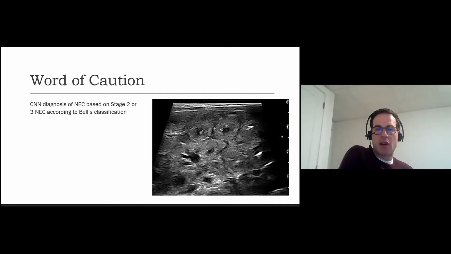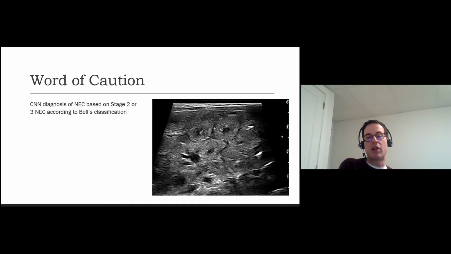One of the things that I talked about at the beginning goes back to the quote from Steve Jobs about if you want to solve a problem, first you need to define it. One of the problems that we have is that the diagnosis of NEC is in evolution. I can't speak to what happens in your units, but here in our units, we rely a lot on POCUS, point of care ultrasound, for diagnosis of all sorts of things, RDS, TTN, pneumothorax, and more, necrotizing enterocolitis.